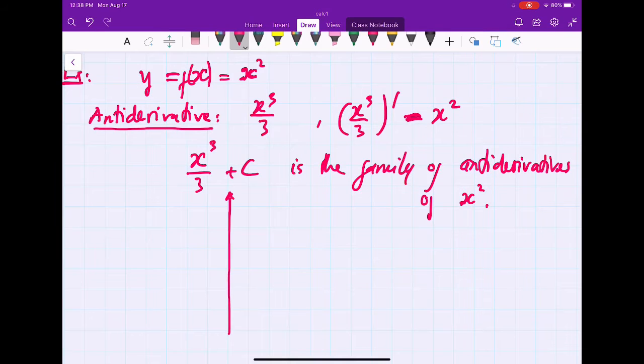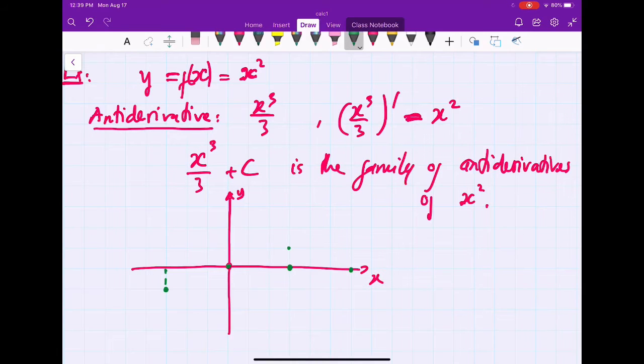I graph x cubed over 3 first. Here's y, here's x, right? When x equals 0, we have 0. When x equals 1, I have 1/3. Okay, so for x equal to -1, I have -1/3. For x equal to 2, the function is 8 over 3, right?